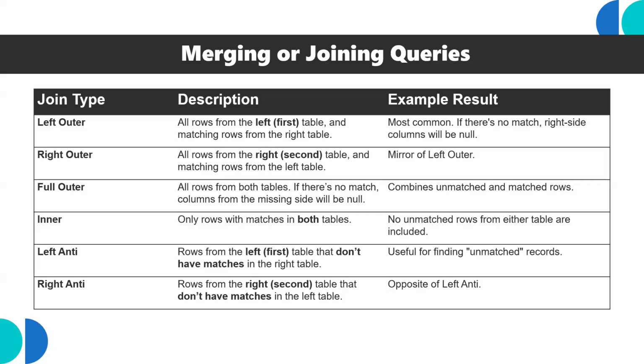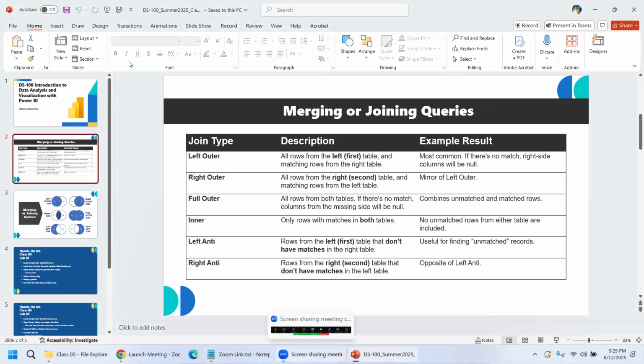It is designed with the paradigm that there is a table on the left and a table on the right. So it gives all rows from the left, or first, table and matching rows from the right, or second, table.